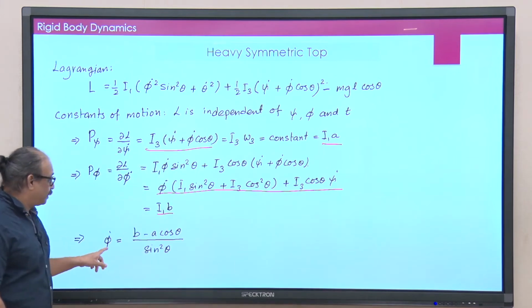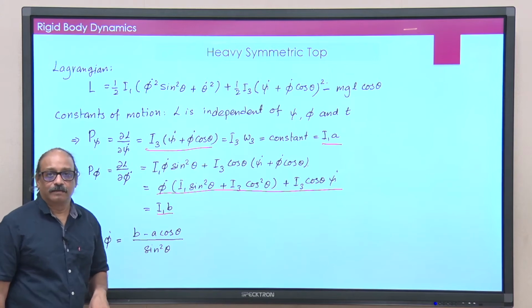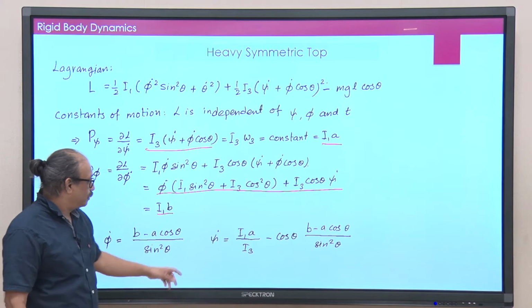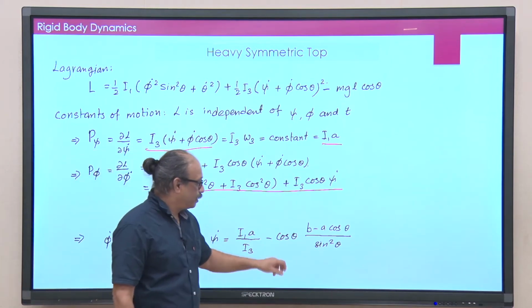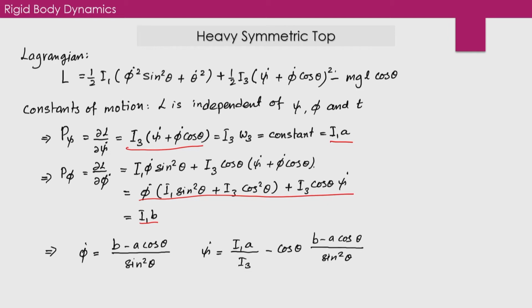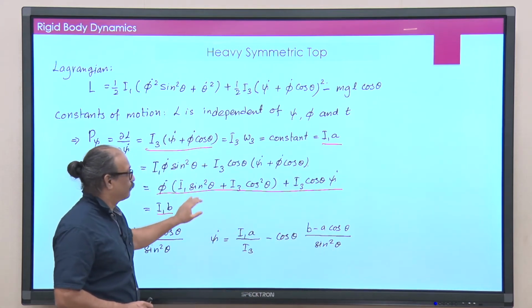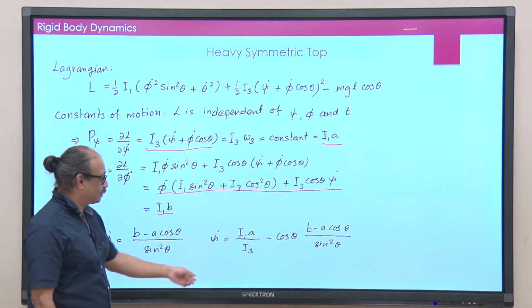So, phi dot will become b minus a cos theta by sin square theta, okay, and psi dot will become I 1 by I 3 into a minus cos theta into b minus a cos theta by sin square theta. This is basically just solving these 2 equations, treating phi dot and psi dot as unknowns, you get this.